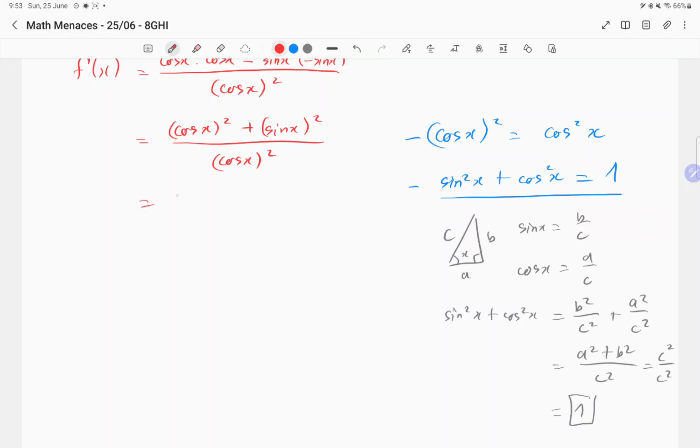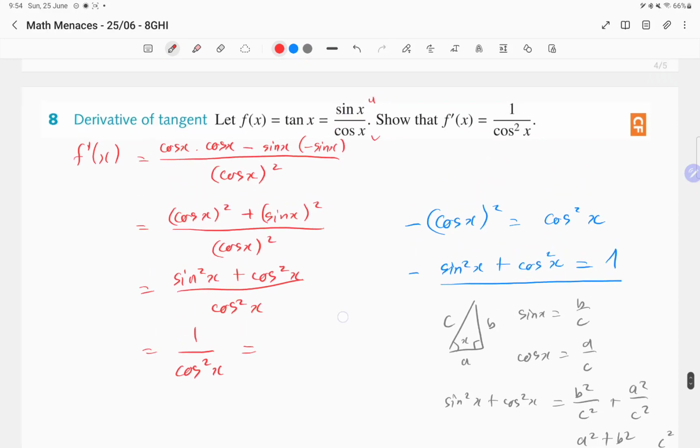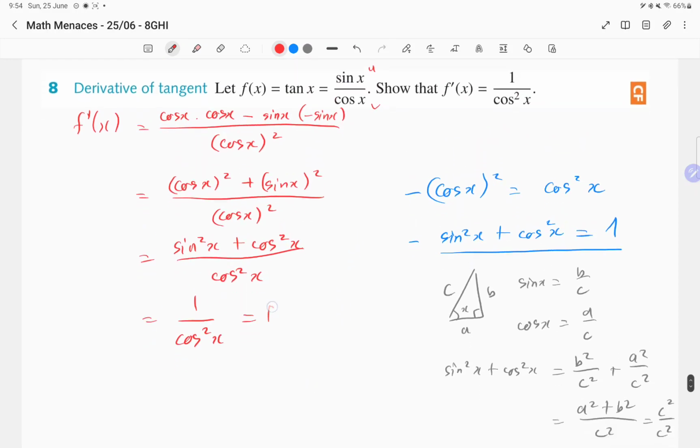And if you recognize that, that means the top would be just sin squared x plus cos squared x over cos squared x, and that would just be 1 over cos squared x, which equals the right hand side, and then brackets shown. So technically I should have started off with left hand side equals this.